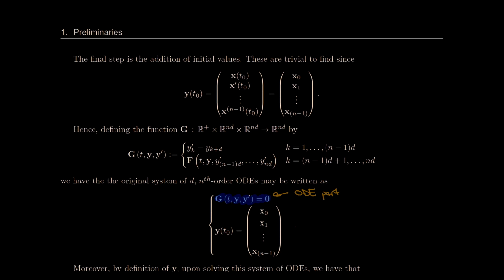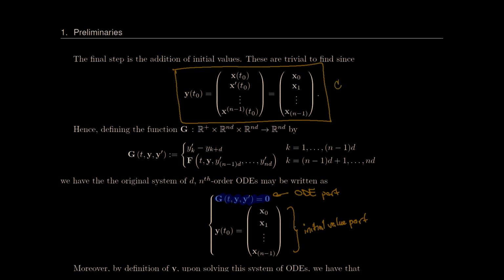But we also have to consider the initial value part. That's here. And where does the initial value part come from? It's not that hard. It comes directly from the definition of y, because the vector y was just defined as the vector of all of these x's evaluated at any point in time, and certainly the value of y at the initial time is just all of those x's, and in fact we were given all of those x's in the original ODE in d dimensions.